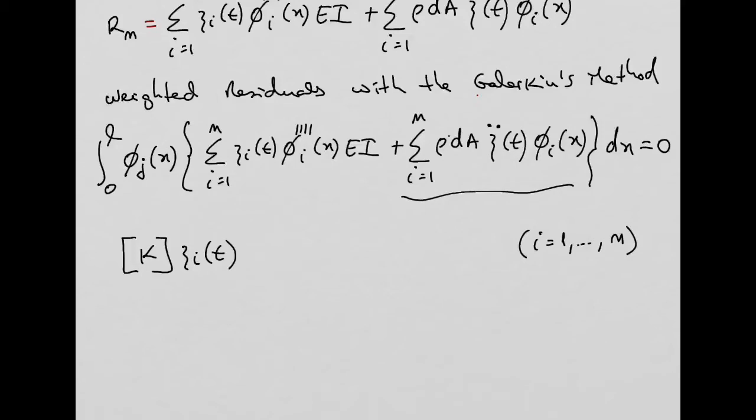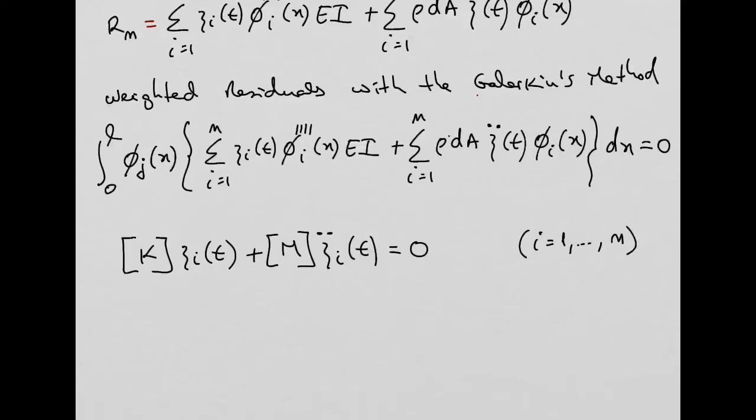This one here in green, I said before, is going to be my mass matrix, M, which is going to multiply the acceleration, right? The second derivative with respect to time. So this mass matrix is going to multiply phi i double dot (t). And this is going to be equal to 0.